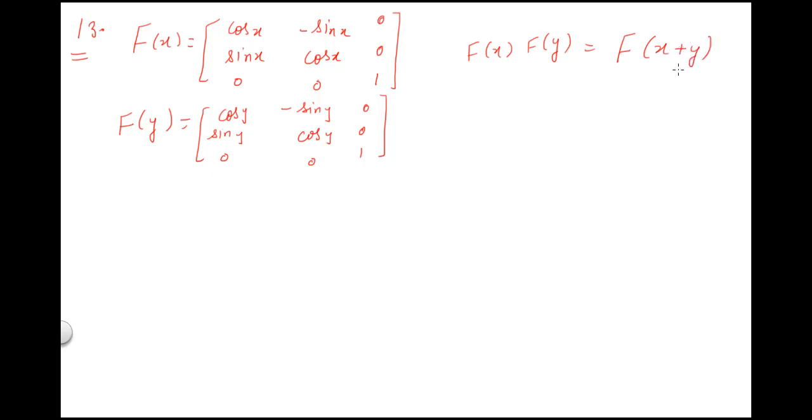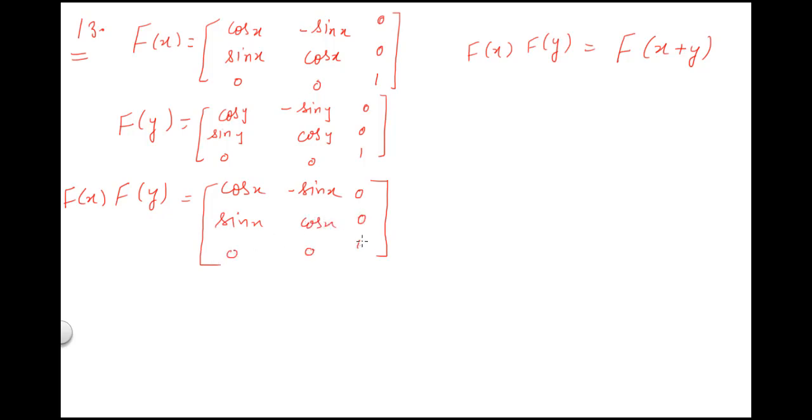How to prove this? We'll just multiply the two matrices and definitely we're going to reach the result that the matrix is f of x plus y. That means wherever we have x, in place of that we will have x plus y everywhere in each entry. So let us multiply f of x and f of y. Let us write them together. The first matrix elements are cos of x, minus sin of x, 0, then sin x, cos of x, 0 and 0, 0, 1.